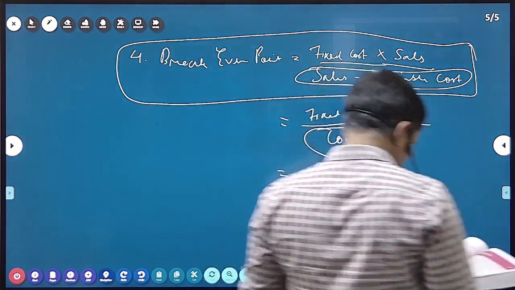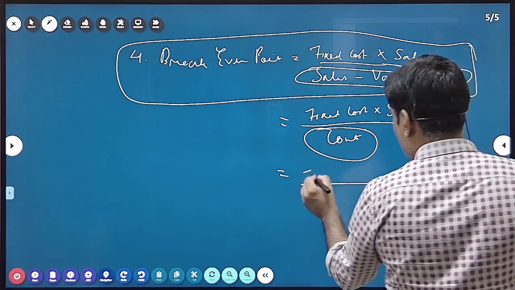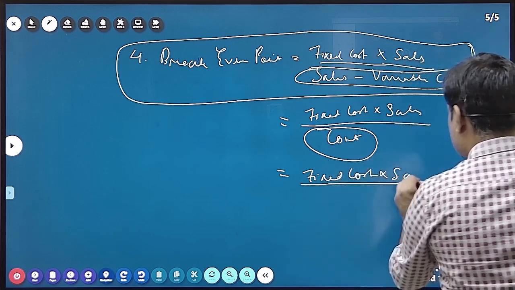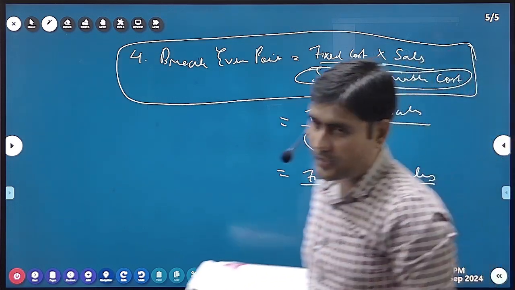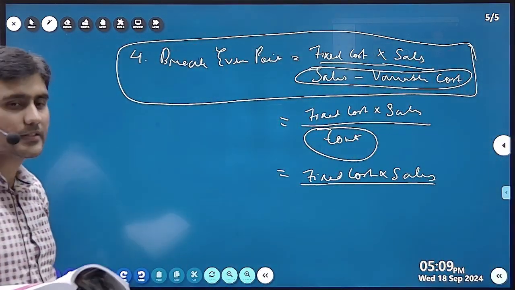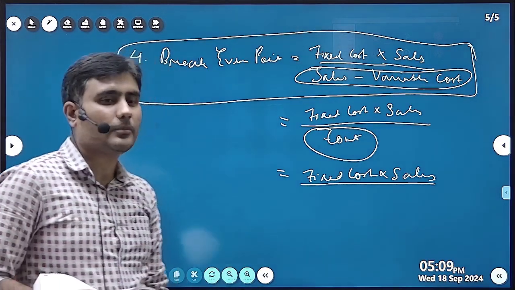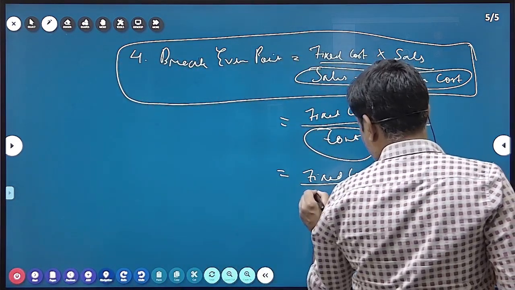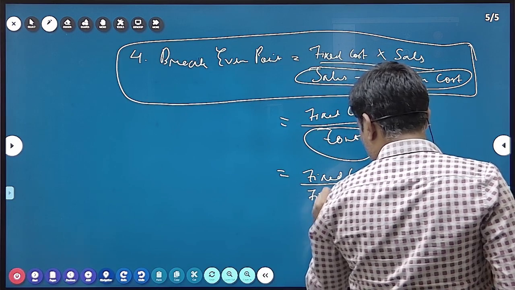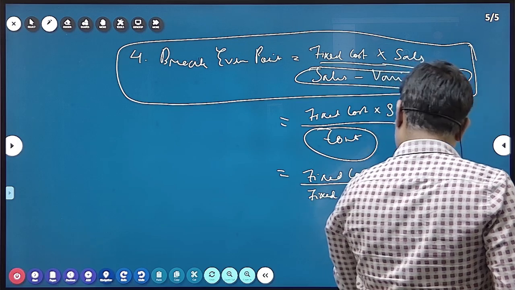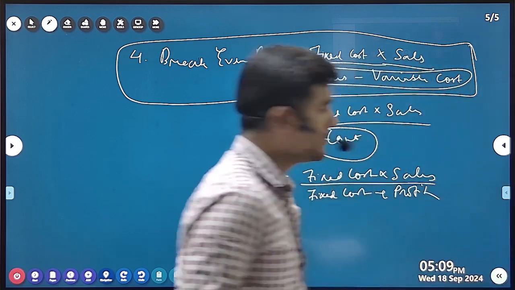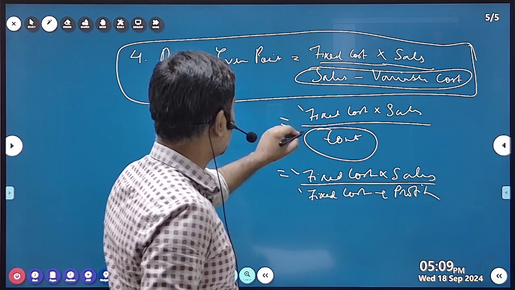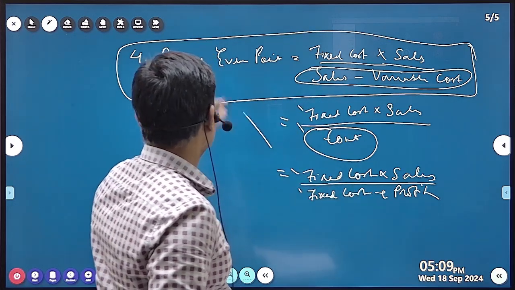And contribution is also known as fixed cost plus profit, right? So if any of these figures are given in the question, you can find out BEP.